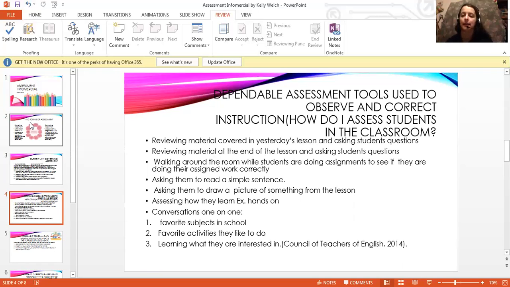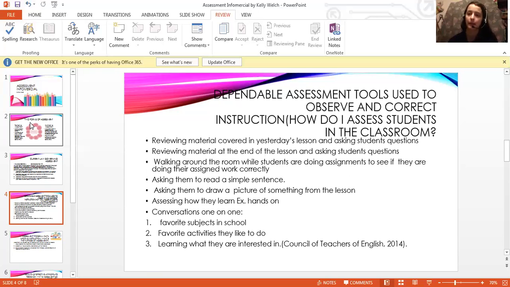And then the second way is I will also always review at the very end of the lesson for that day the material that we've gone over, and I will ask them questions. And then I will always walk around the room after I have taught a lesson and when students are working on assigned worksheets, and I will look to see if they're comprehending the material and if they're understanding that material through those worksheets.